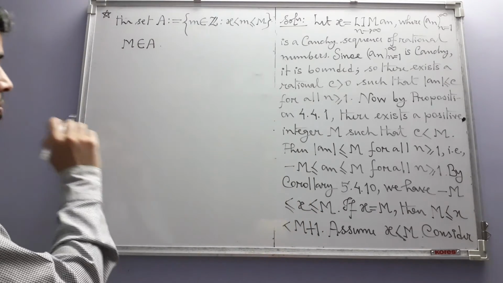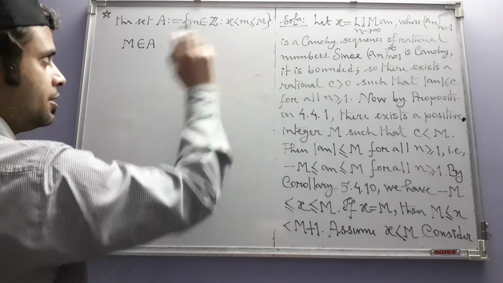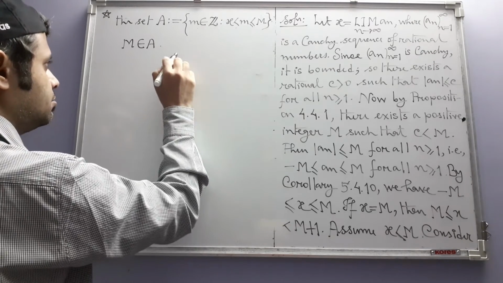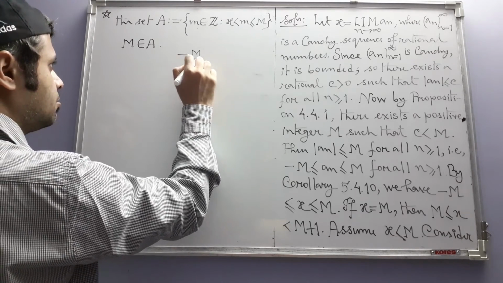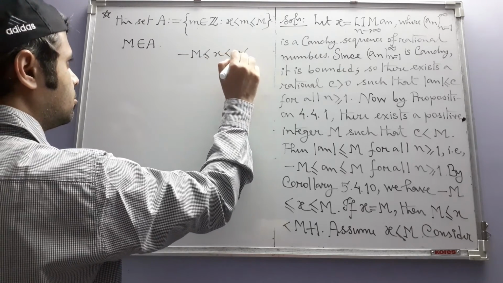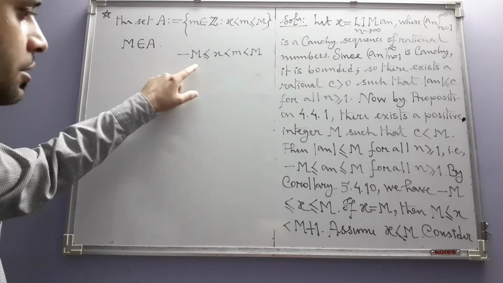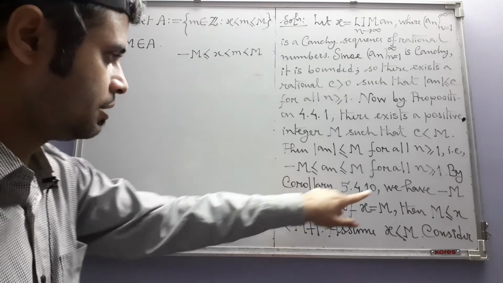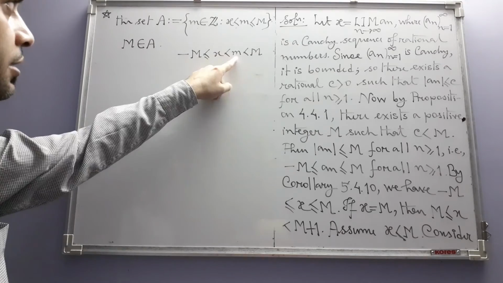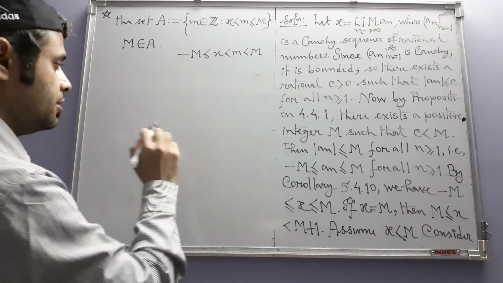Note that any element in A, which is m, satisfies these inequalities. In particular, such an m will satisfy these inequalities also. Why? Because minus m in any case is less than or equal to x. So m is an integer that lies between minus m and m in this sense.